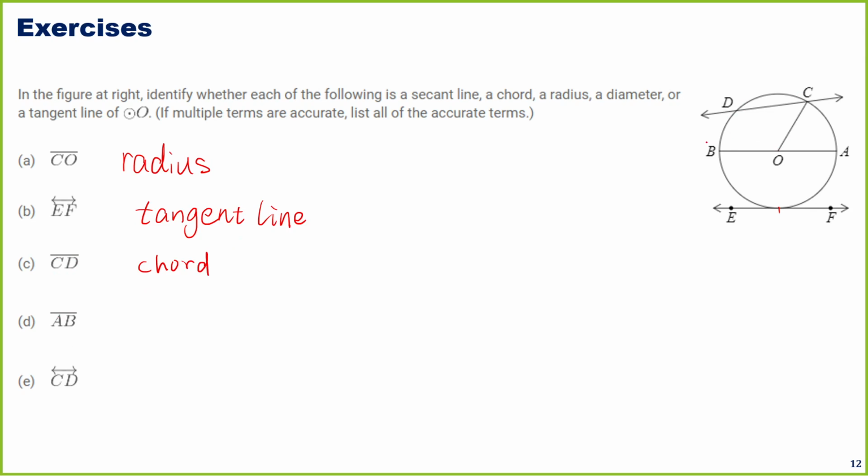Segment AB is also a chord, but as it crosses the center point, it's also called a diameter. The diameter is a special chord that crosses the center point. Okay, line CD touches the circle at 2 points, so it's a secant line.